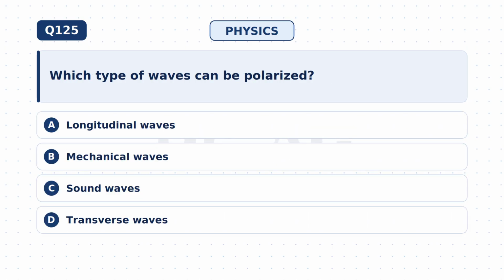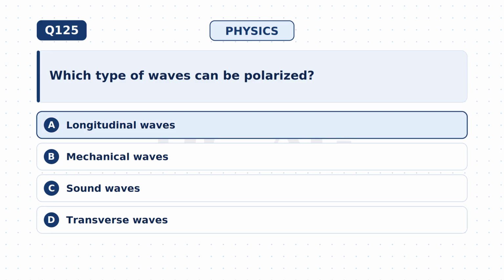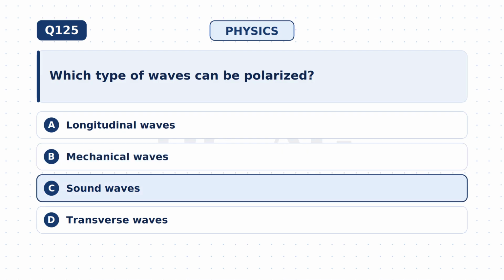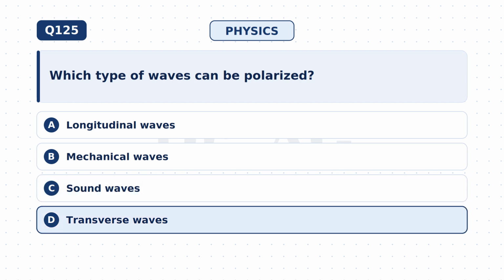Question 125. Which type of waves can be polarized? Option A, longitudinal waves. Option B, mechanical waves. Option C, sound waves. Option D, transverse waves.